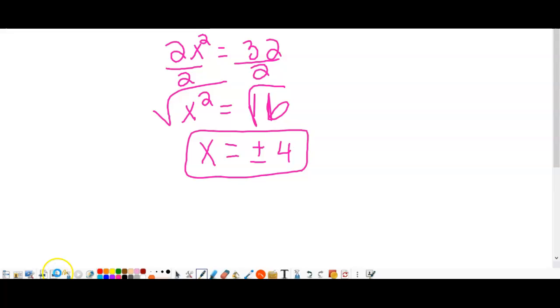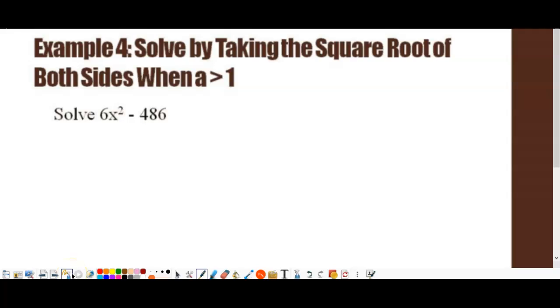Number 3. 6x squared minus 486 is equal to 0. So again, you could factor it the old way, or you could do the new way because the b value is 0.